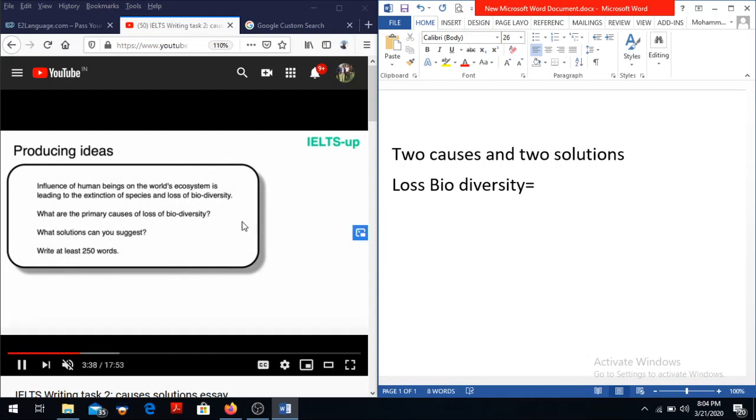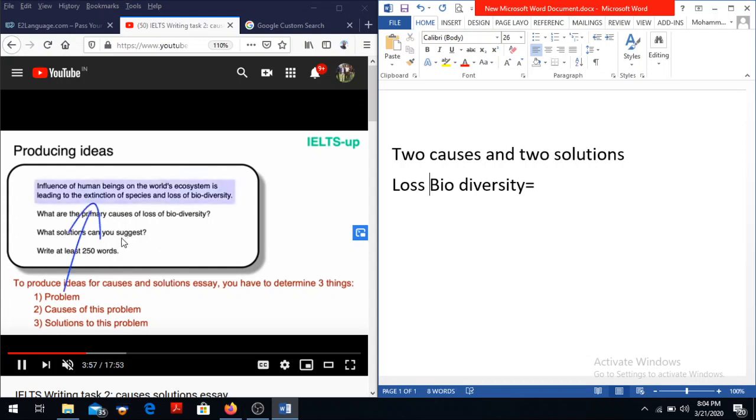So we can start producing ideas. To produce ideas for the cause and solution essay, you have to determine 3 things. Number 1, as I said, the problem which is stated above, and then we have to find out the causes of this problem, and then the solution of this problem.